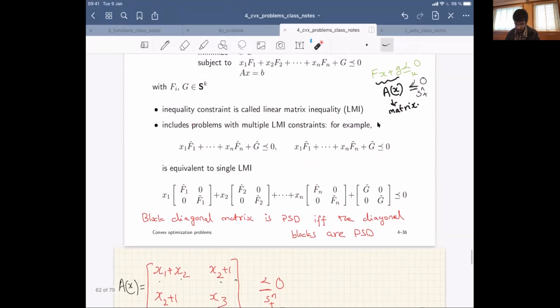This is possible because a block diagonal matrix is PSD, positive semi-definite, if and only if the diagonal blocks are PSD.